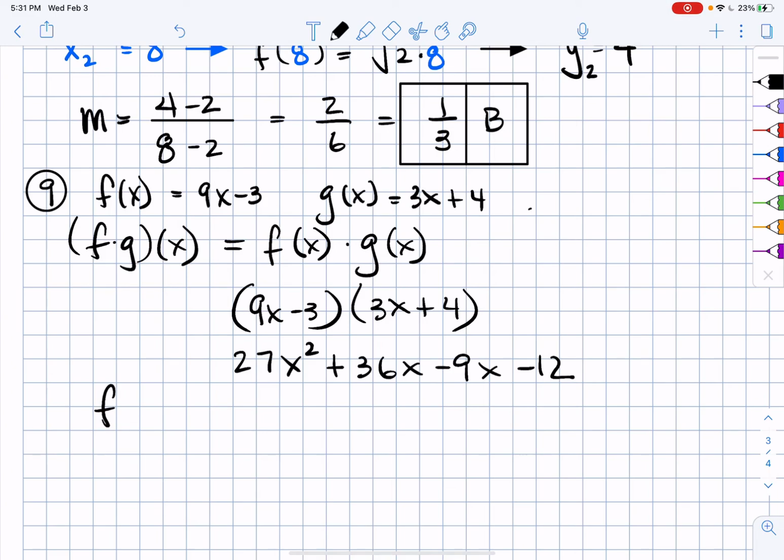So f times g of x is equal to 27x squared plus 27x minus 12, which is choice C. There we go.